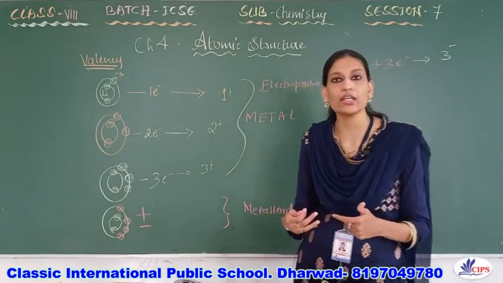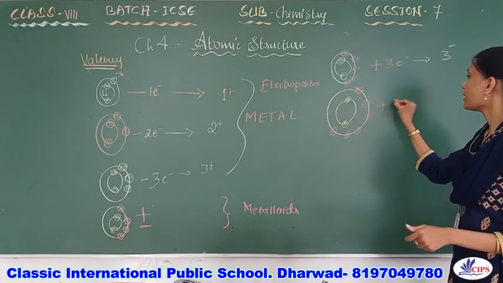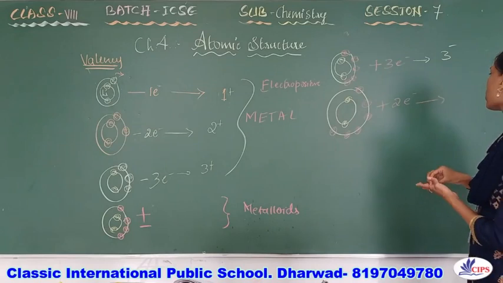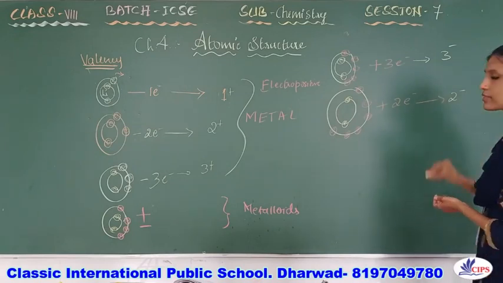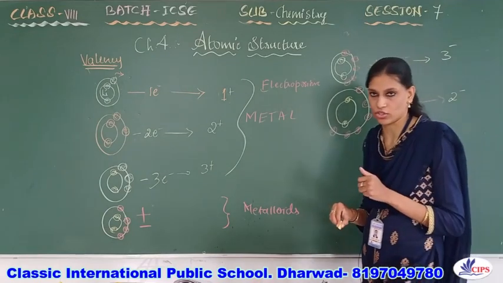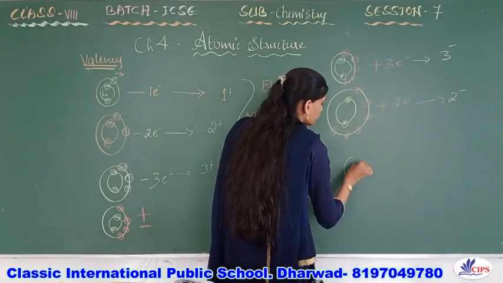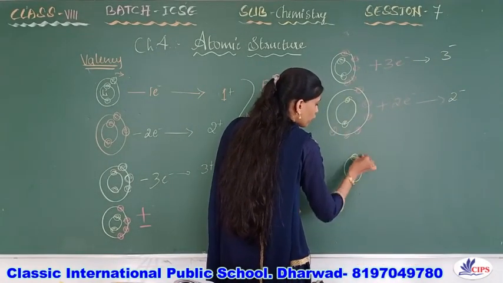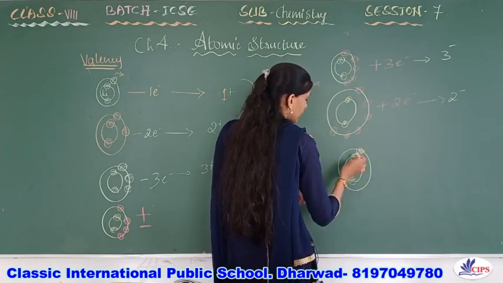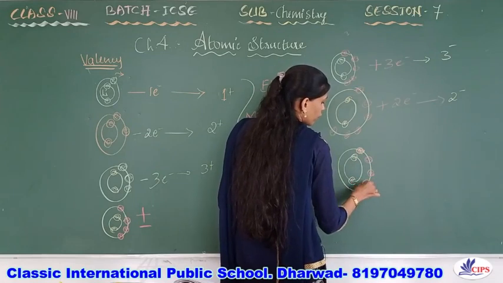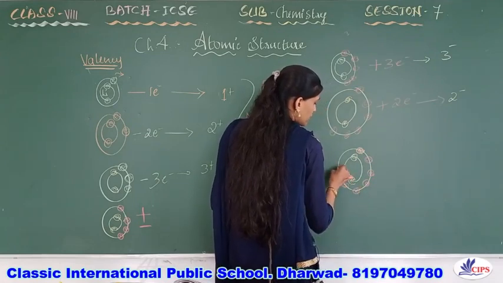Definitely it will gain the 2 electrons. So when it gains 2 electrons, there comes a charge on it, that is what we call 2 minus. 2 minus charge. Similarly, if it is another atom which has the K shell full and the L shell, say, has 1, 2, 3, 4, 5, 6, 7.